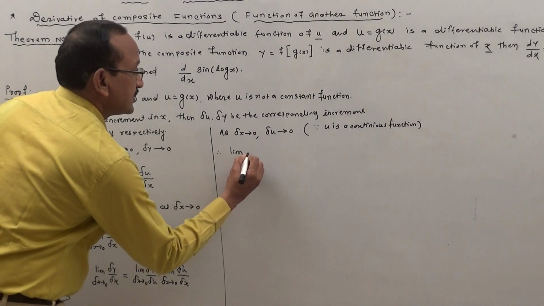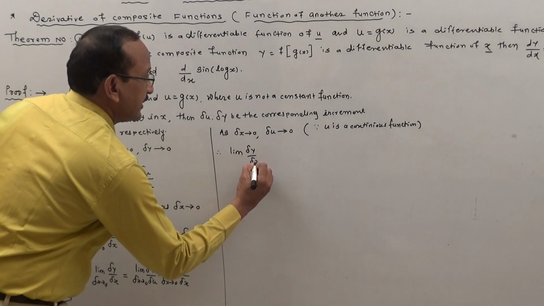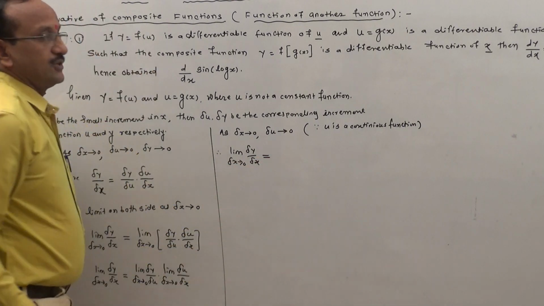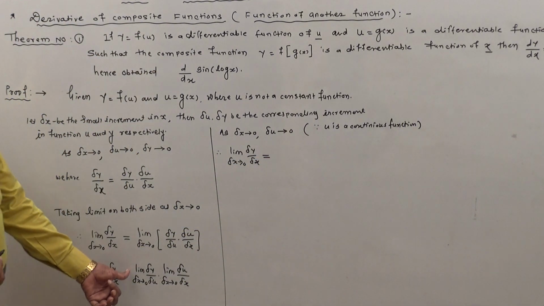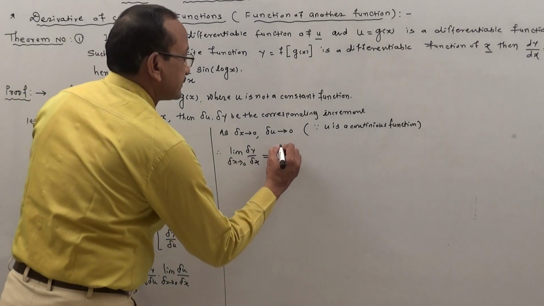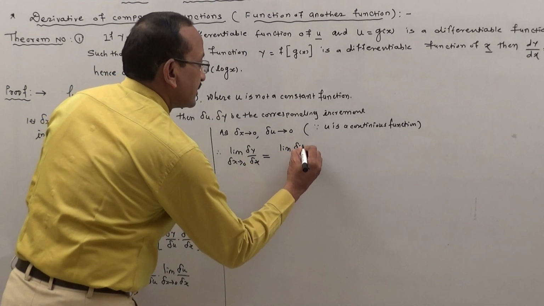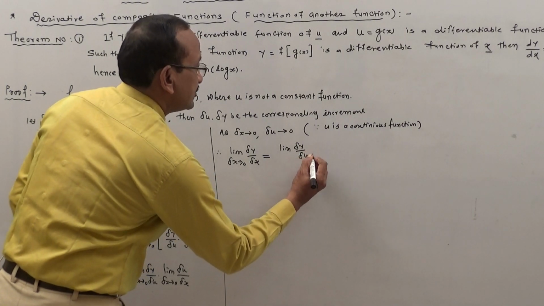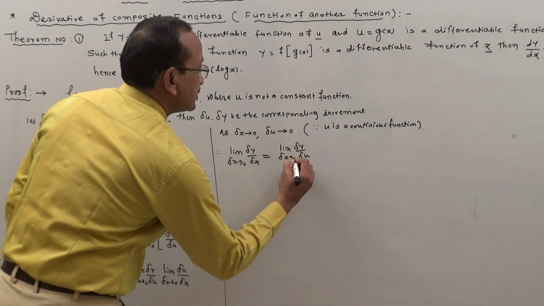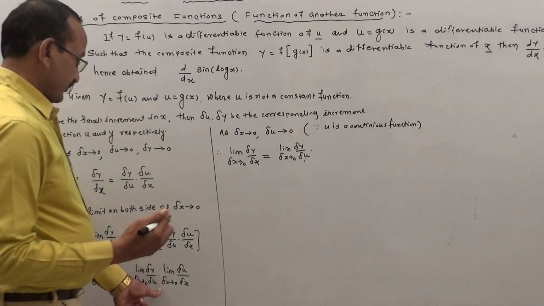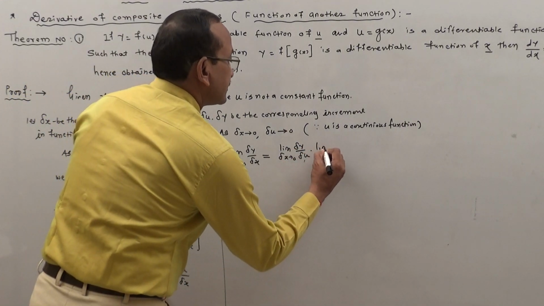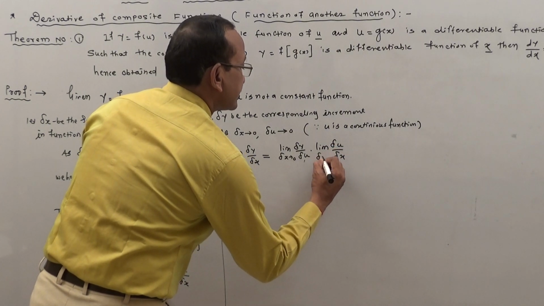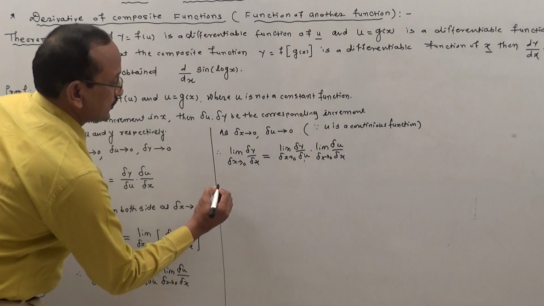So the limit of delta y by delta x as delta x tends to 0 is equal to the limit of delta y by delta u as delta x tends to 0 into the limit of delta u by delta x as delta x tends to 0.